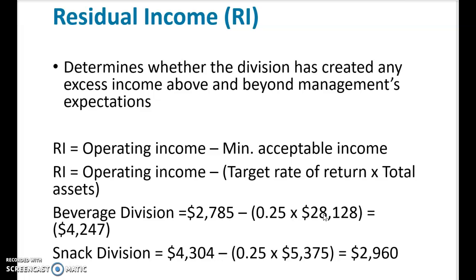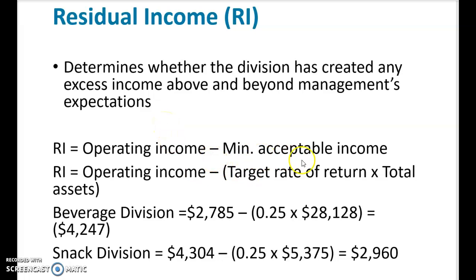Okay, now residual income, and this is one, when we do these problems, make sure you really focus on what I'm saying because there's one tricky part in here. It determines whether the division has created any excess income, or residual income. Residual would be like leftover income above and beyond management's expectations.